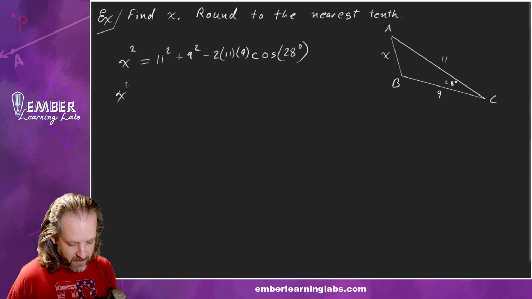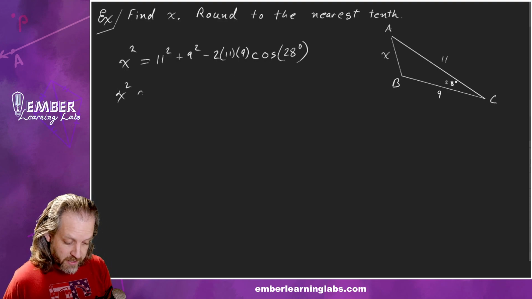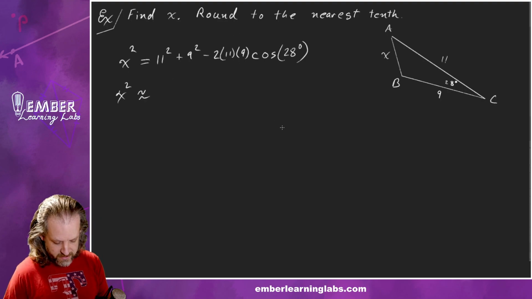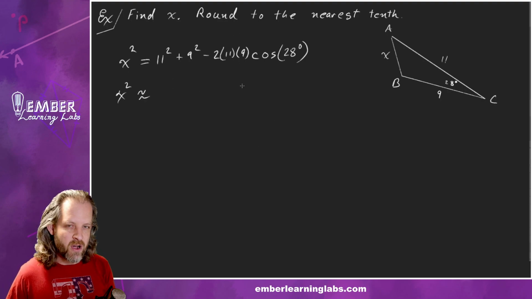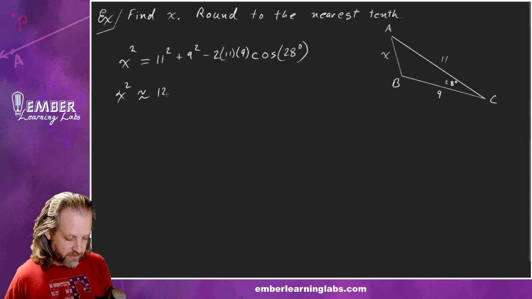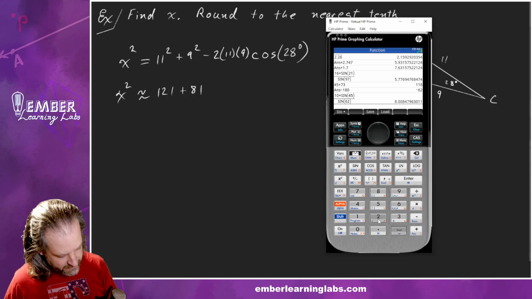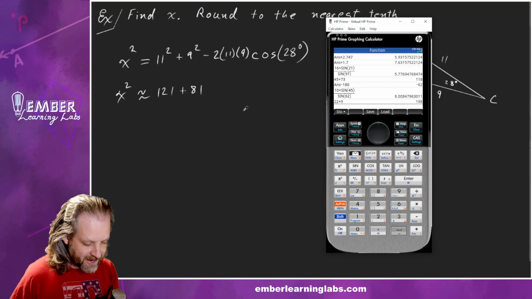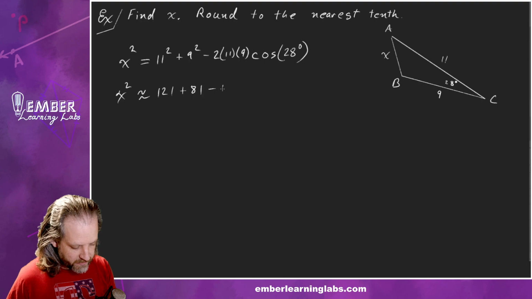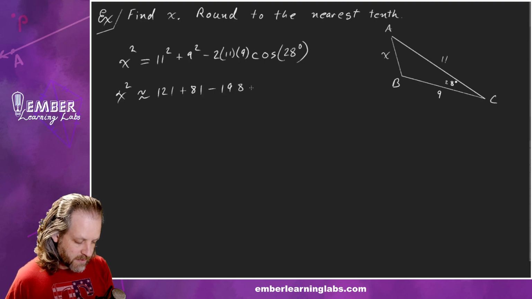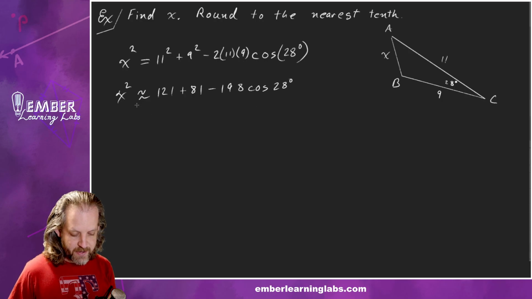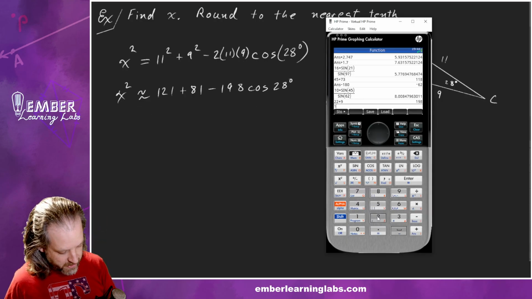So we're just going to punch all of this in our calculator. We're going to say x squared is approximately equal to all this mess. All right, so I'm going to walk it down a few pieces at a time. 11 squared is 121. 9 squared is 81 minus 22 times 9. Probably could do that in our heads, but we'll make more mistakes that way. 198 times the cosine of 28 degrees. Easy peasy. 121 minus 81.